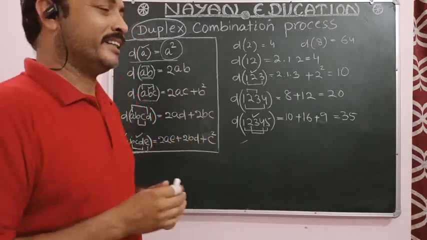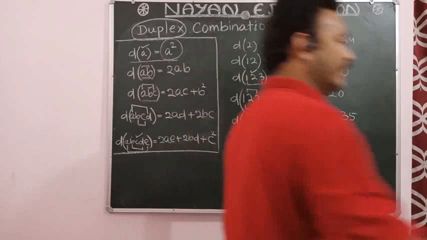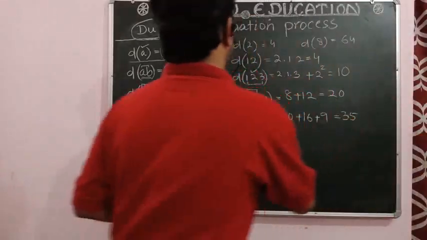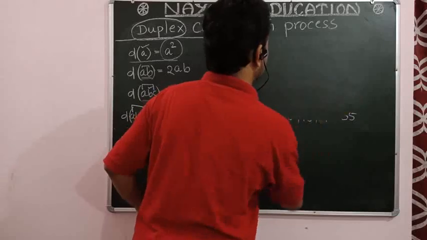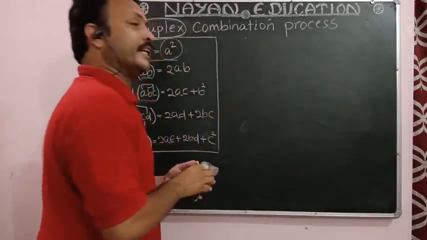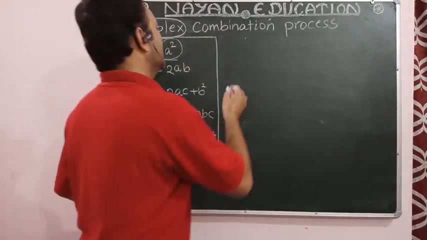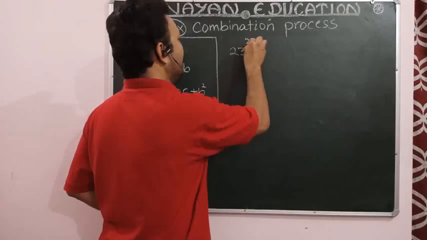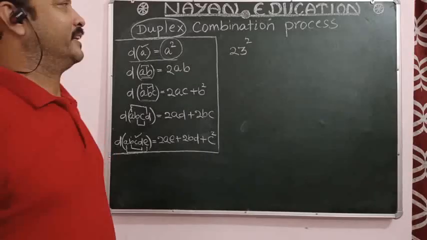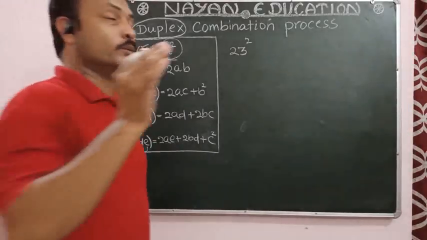So see friends, how it is possible in the case of finding the square of any number. Let us take an example of a two-digit number. Suppose the square of 23. See friends, listen to me.